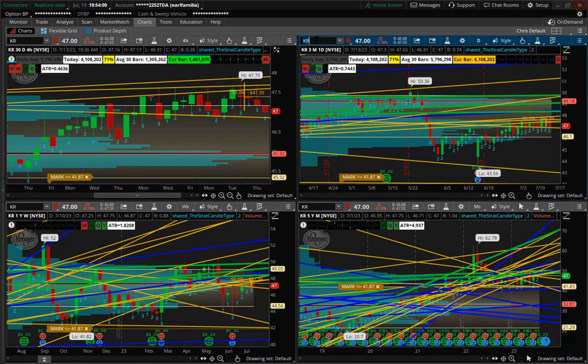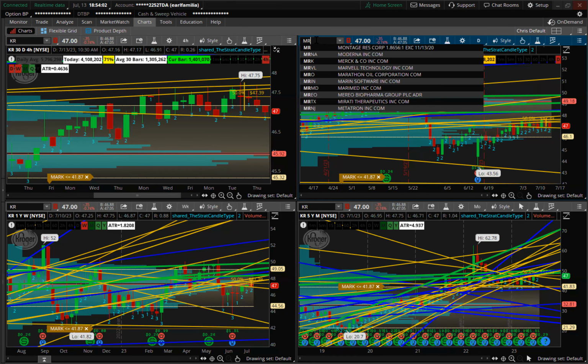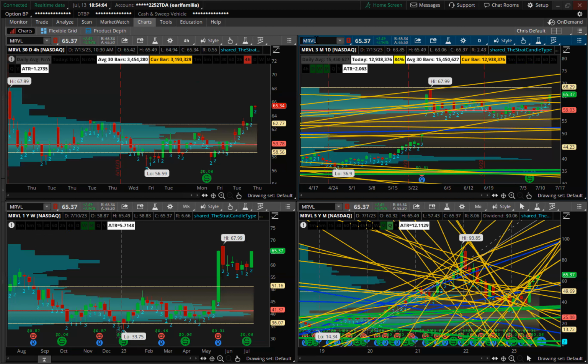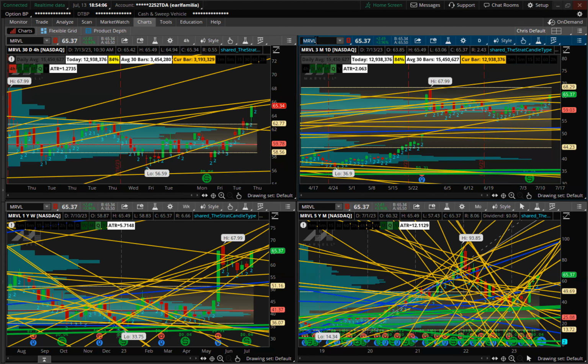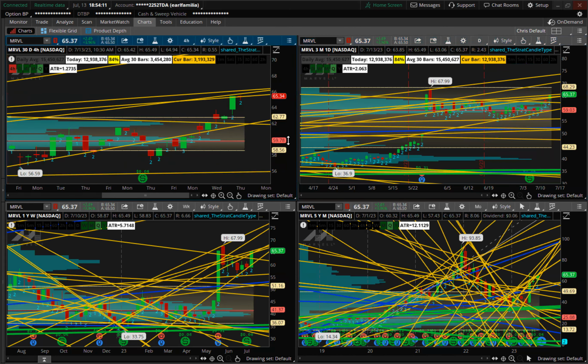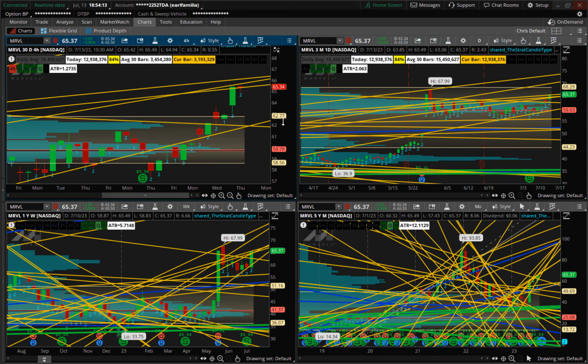Oh, did I miss Marvell? Okay, let me finish Marvell, then I'll come back to KR real quick. This one is in force again, but it did hit this cluster of broadening formations right here.